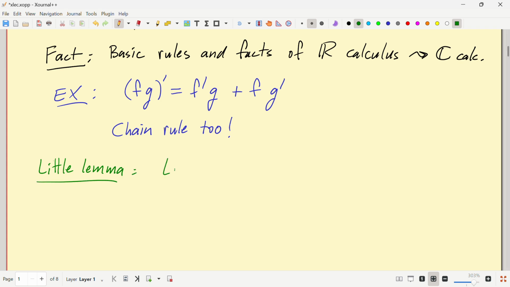Let me write the complex function f of x plus iy is equal to u of xy plus i v of xy. So the real part depends on x and y, and the imaginary part is also a function of x and y. Okay, so that's a thing that maps C to C.